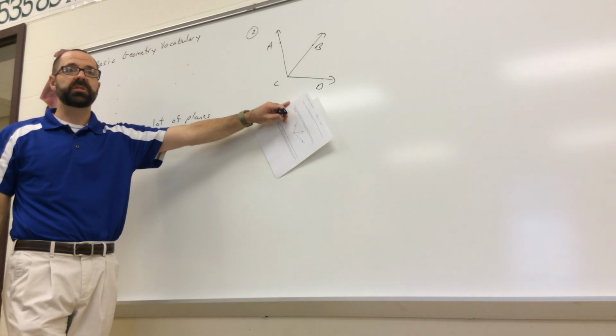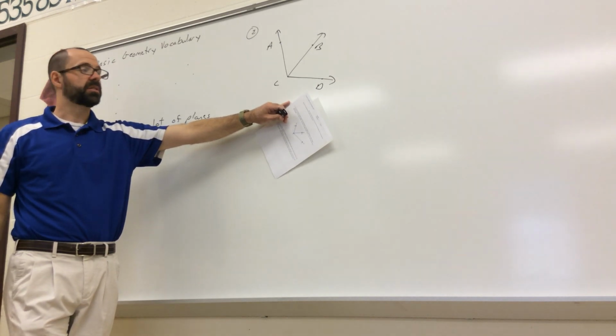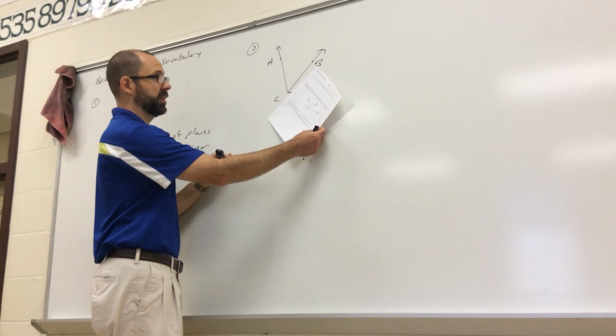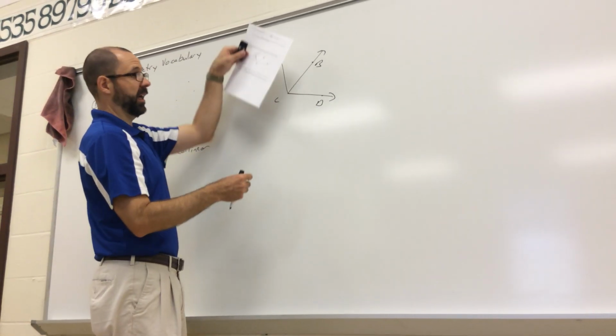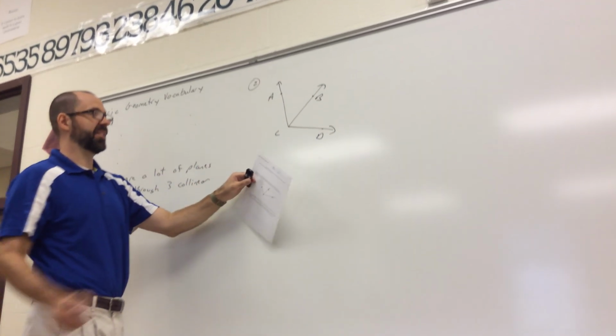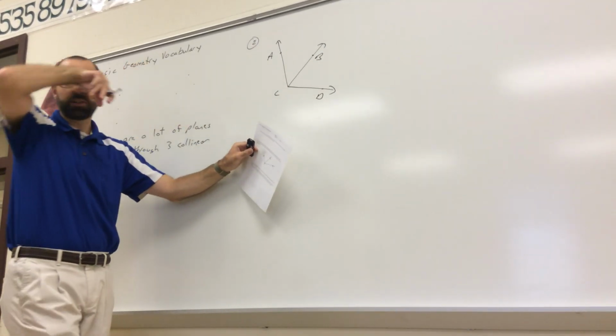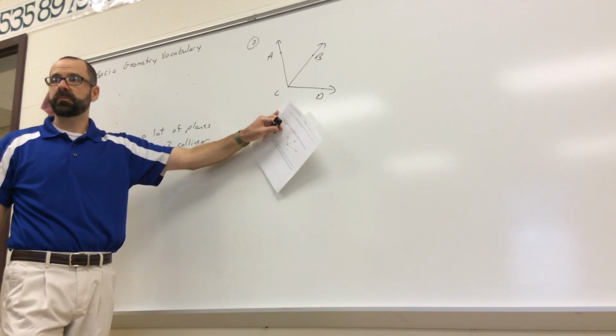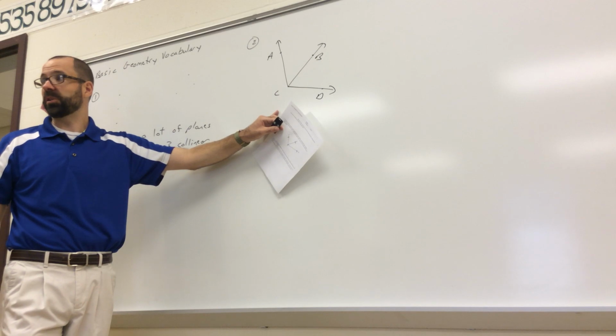How many angles do you see? Yeah, Connor? 2. Definitely 2. He's seeing that one, probably, and this one. Sure. I see 3. And then there's the large one as well. Good. So in this picture, there's 3 angles. The big one and then the 2 smaller ones.